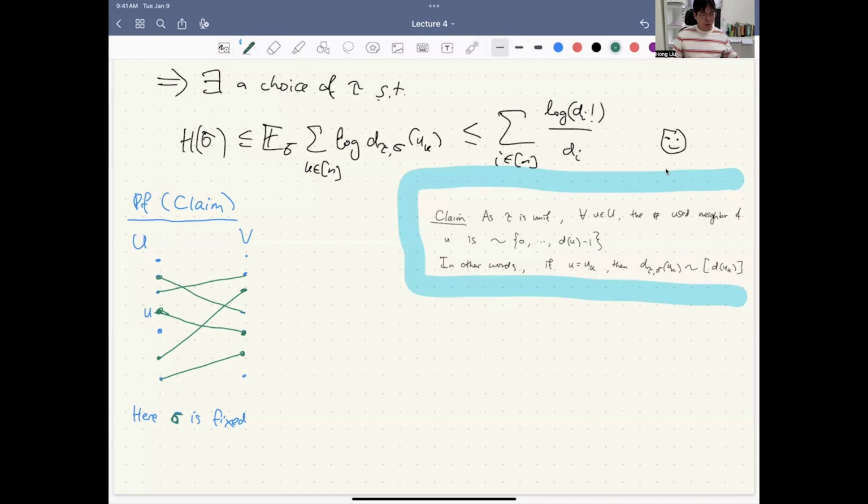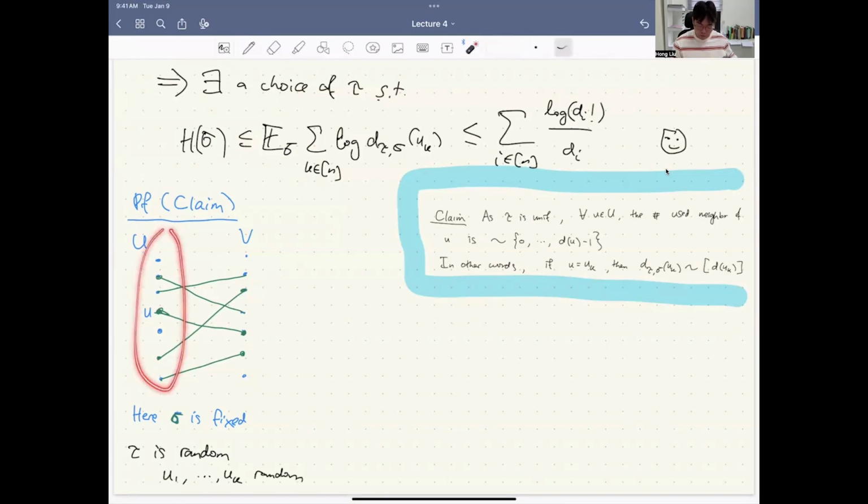Now, tau is random. What does it mean? That means the ordering of U1 to UN on the left-hand side is random.